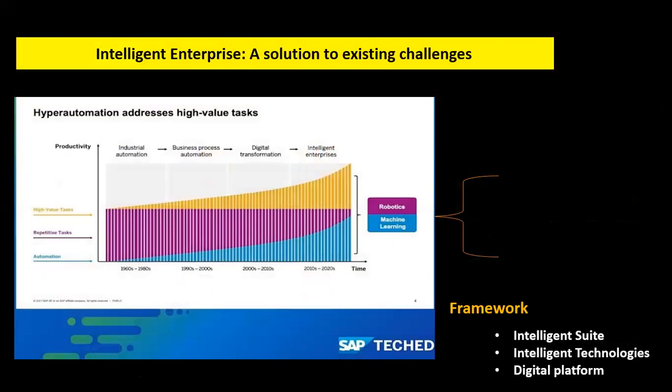In this particular session, we'll focus mainly on the intelligent enterprise. So let's try to understand what is an intelligent enterprise. As everybody knows, enterprises of any scale are transforming from on-premise systems to cloud systems. Slowly and gradually, they are rolling out their units to the cloud system.